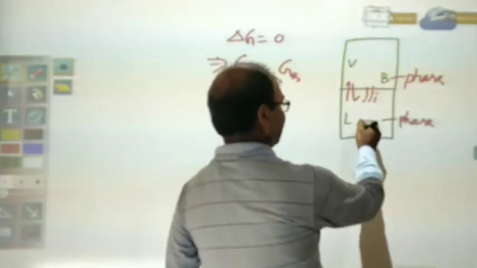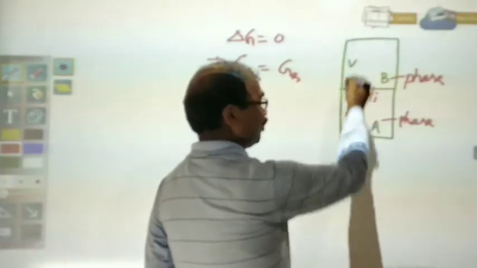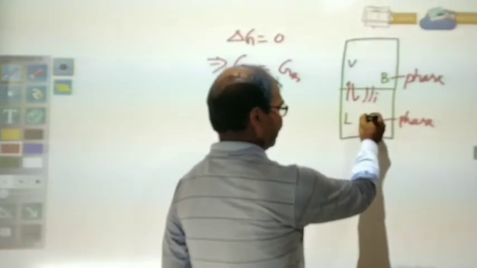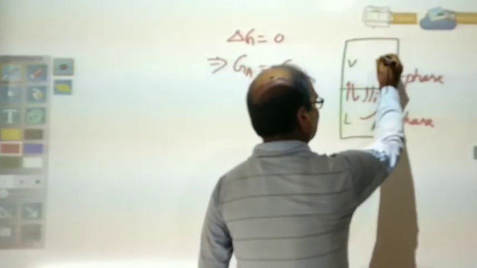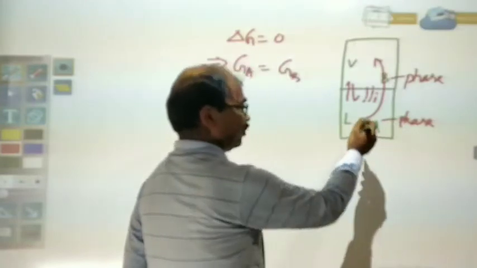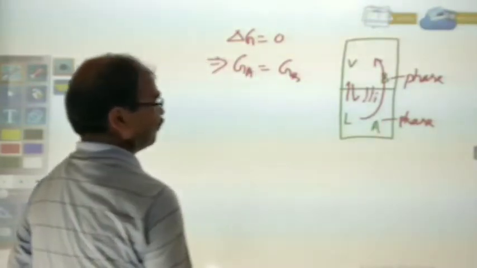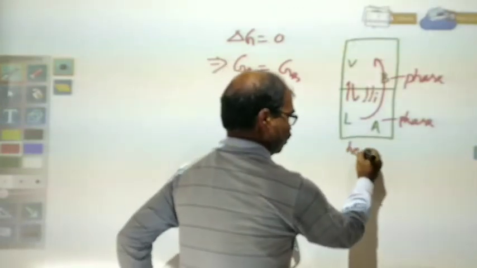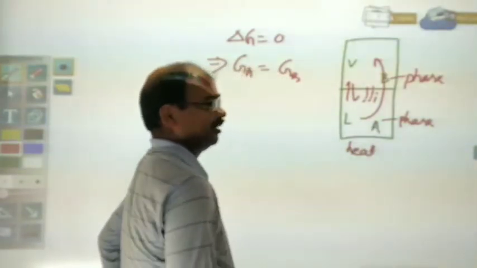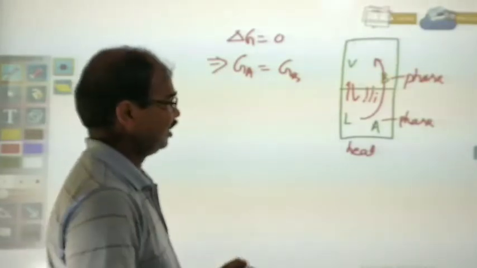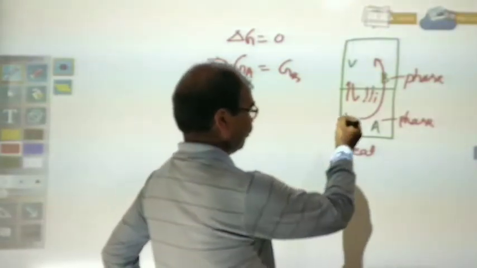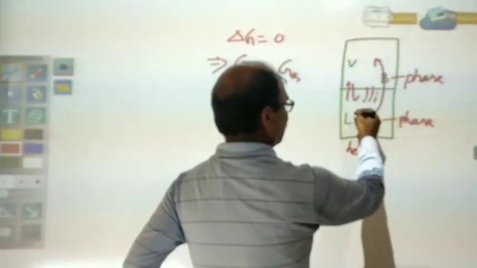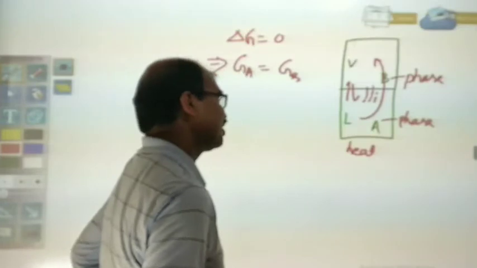Say this is the pure substance, liquid and vapor in equilibrium, and we want to transfer the liquid to the vapor phase, phase A to phase B. What we have to do is supply heat to phase A infinitesimally and reversibly, maintaining the equilibrium, so that some amount of liquid will transfer to the vapor phase.